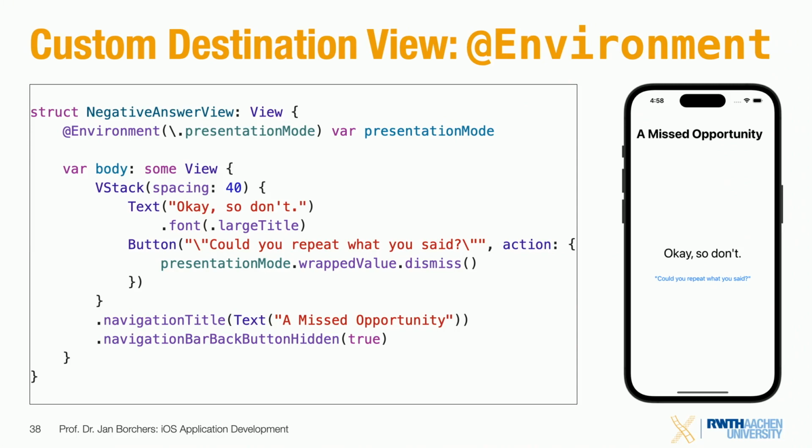Like this is a path leading to this particular value, and we put this into a variable that we also call presentation mode, and then we can use that and do something with it, like for example dismissing the view. So as I said, @Environment may come back to you occasionally.